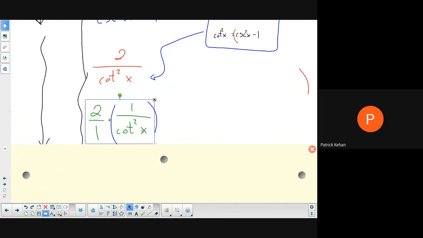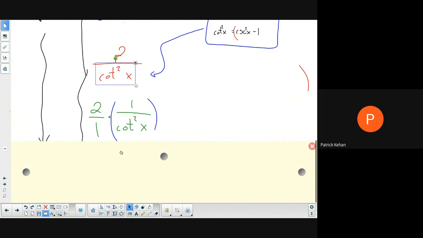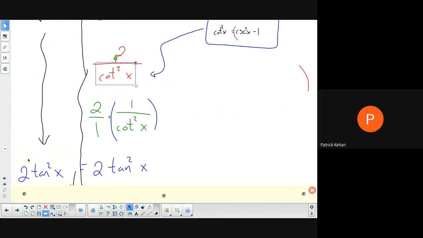Some of you have a strong knowledge of fractions and know that you could just take this 2 over cotangent squared x and rewrite it as 2 tangent squared x. This piece is nice because it verifies your understanding of that concept. So I'm going to replace 1 over cotangent squared x with tangent squared x, and now I've verified my identity. 2 tangent squared x is equal to 2 tangent squared x.